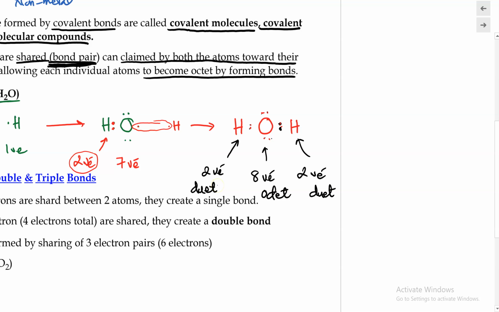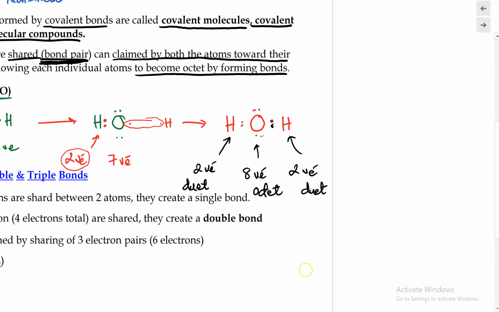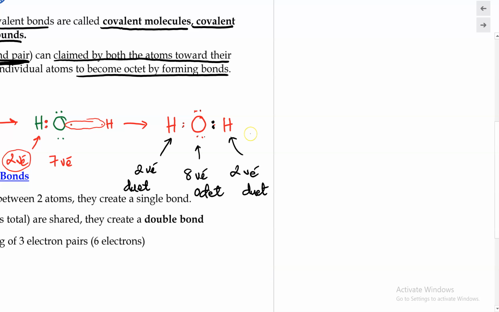And the duet for hydrogen is similar to the octet for any other element, because that's when they have an amount of electrons similar to the noble gas. And whenever we have 2 electrons that are shared between 2 atoms, we can call that a bond and redraw that as a line as follows.